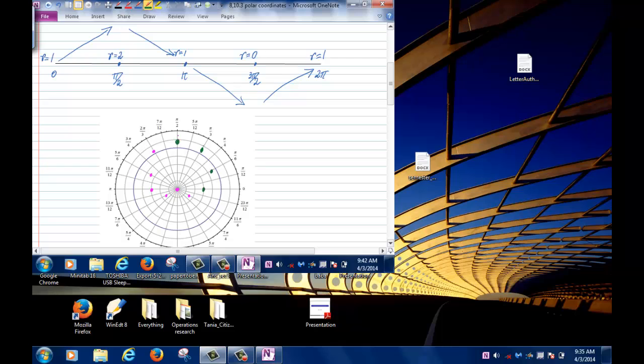What's going to happen is that at 2 pi over 3, you'll see that you basically get a symmetric point from the point at pi over 3 across the y-axis. So you're going to get this point here at 5 pi over 6, which will be symmetric from the point at pi over 6. What's that? Yes, that will be up one more. Thank you.